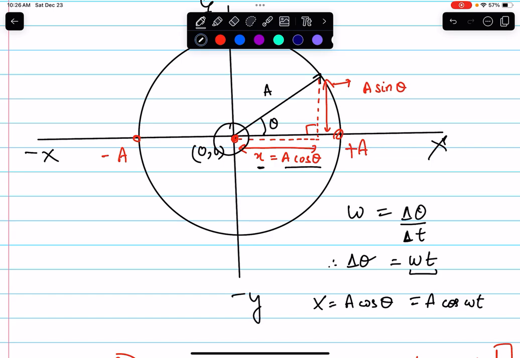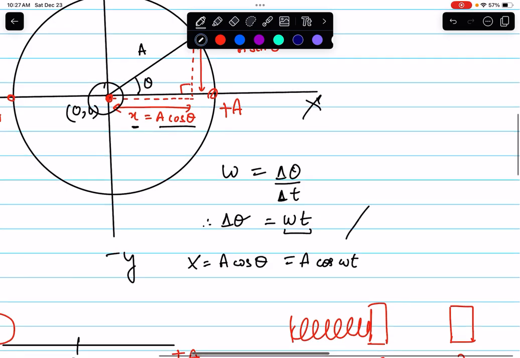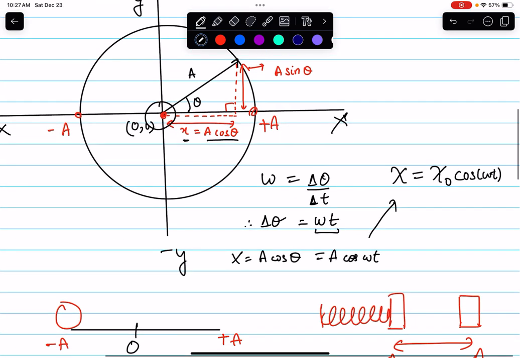Now, if you would have seen this equation in HL, your teacher would perhaps have told you that the x displacement in simple harmonic motion is x naught cosine of omega t. In SL, you don't really need to know these specific equations, but it's good exposure. So the instantaneous x displacement is just this cosine function.